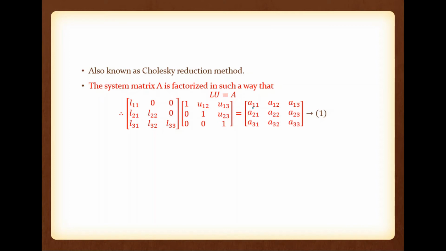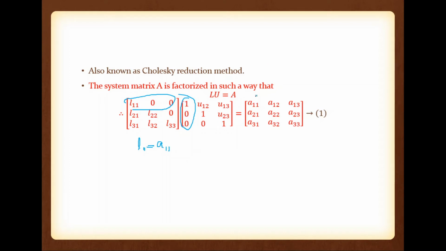This row into this column. What is the value? That is L11 equal to A11. The first row of the L matrix and the first column of the U matrix gives L11 equal to A11.